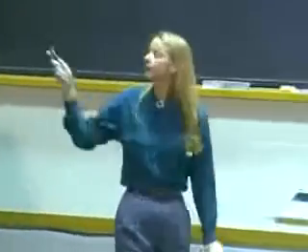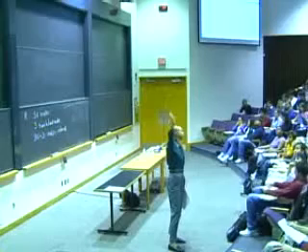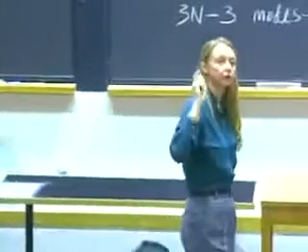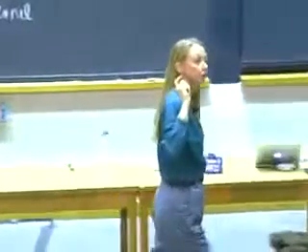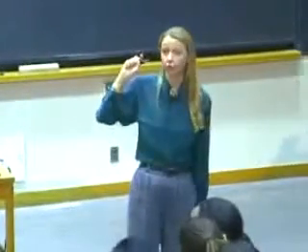Well, the way we do it is this. If you've got a molecule that is linear, you always have 2 rotational modes. I'll show you that in a moment. Linear molecules always have 2 rotational modes. Nonlinear molecules have 3 rotational modes.